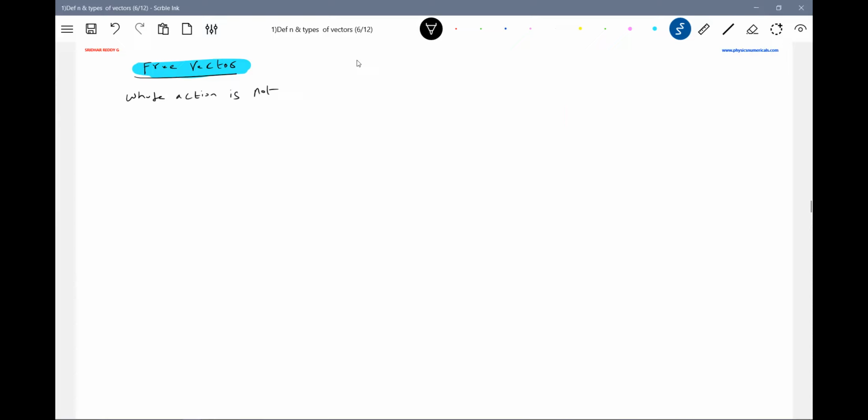A free vector is a vector whose action is not confined to or associated with its unique line in space. What does it mean? So we'll directly take one specific example.